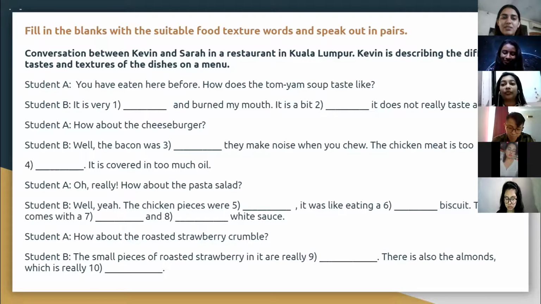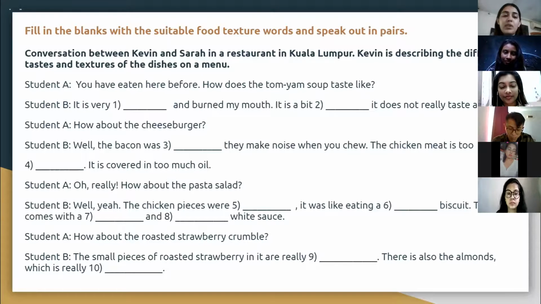Okay, look at the food menu. You can see cheeseburger, pasta salad, strawberries. Okay, you have 1 minute, 30 seconds. Be very specific with your answer. It's very obvious.